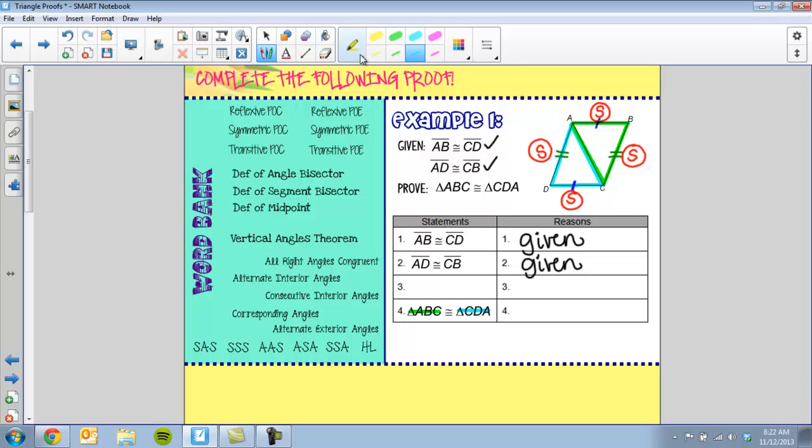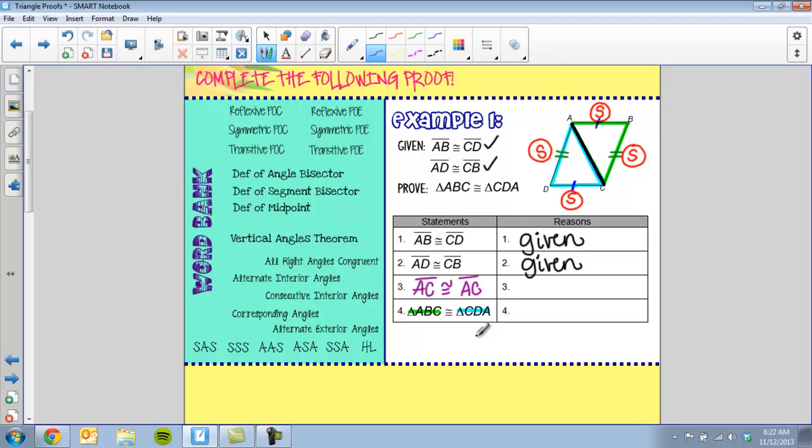And when I identify those triangles, it should explode in my head that there was an overlap, that they shared this AC. So in my proof, I can actually write that AC is congruent to AC. Because of course, you are who you are. Your height doesn't change simply because you walked from one side of the room to the other or because we shifted you around.